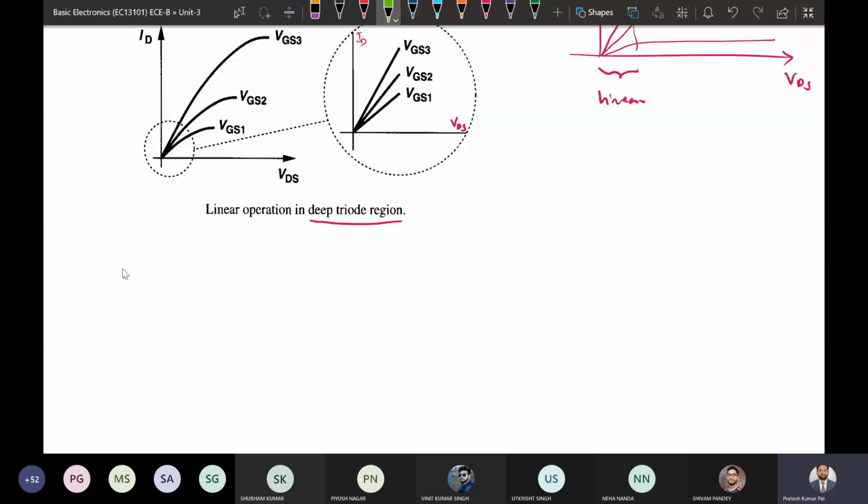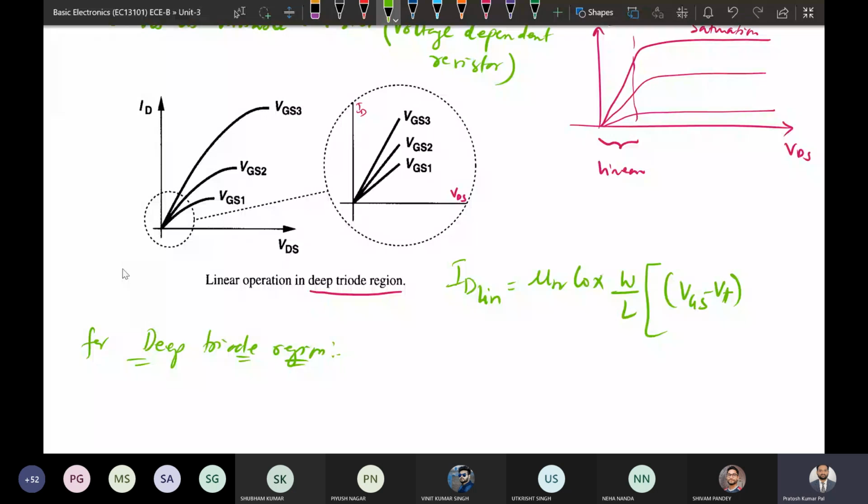This is the threshold voltage of MOSFET, and VT we have already seen. VT is kT by q, or T divided by 11,600. This is thermal voltage, so this is different.